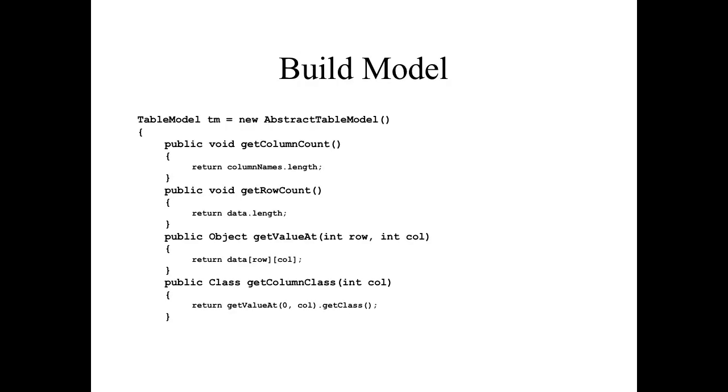I think it's well to point out that this is an anonymous inner class, but you could certainly have made it a named class by doing an extends, and then you could have my table model extends abstract table model, and then provide implementations for all the things that you're looking for.